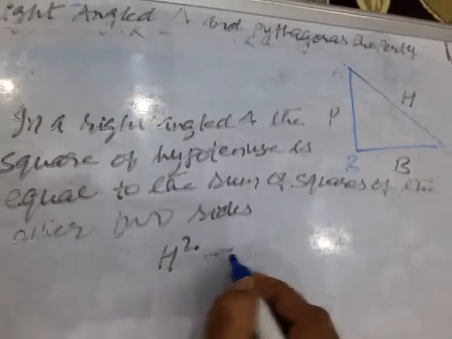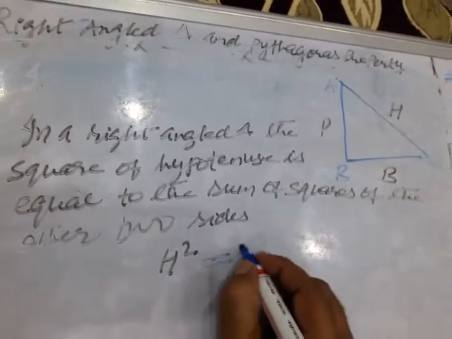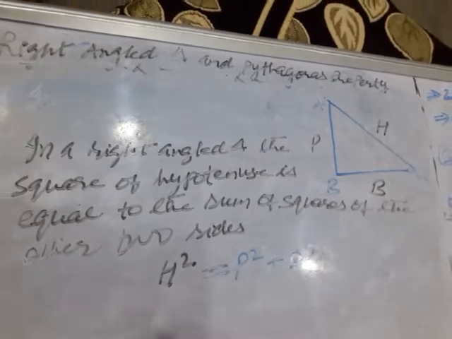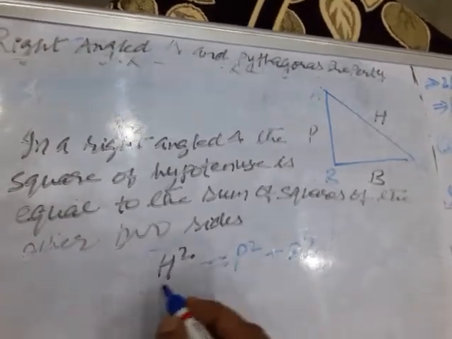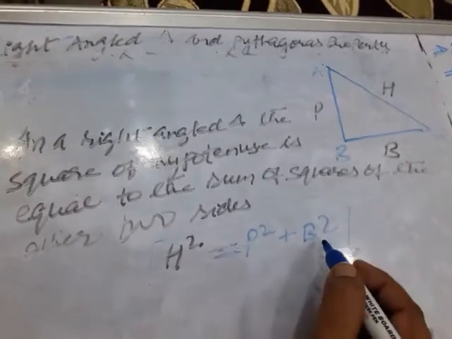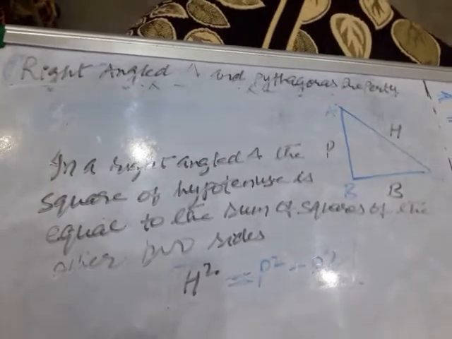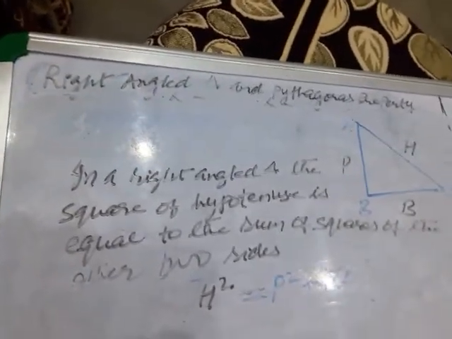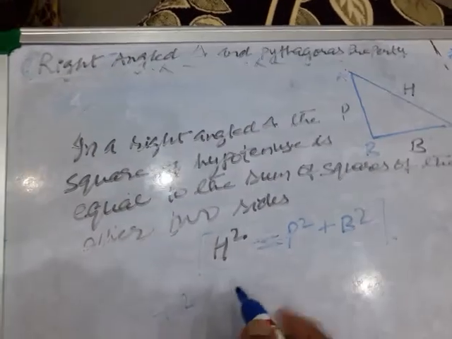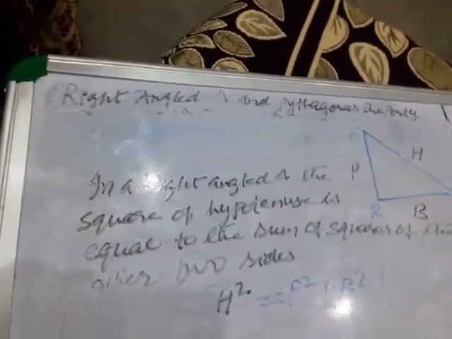That is, H square equals P square plus B square, that is, square of hypotenuse equals square of perpendicular plus square of base. Here according to the triangle, AC square equals AB square plus BC square.